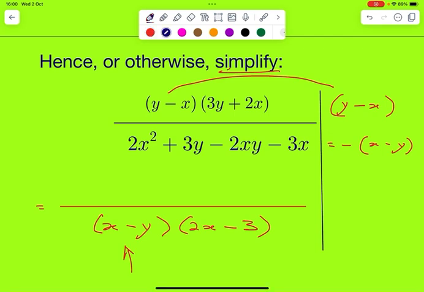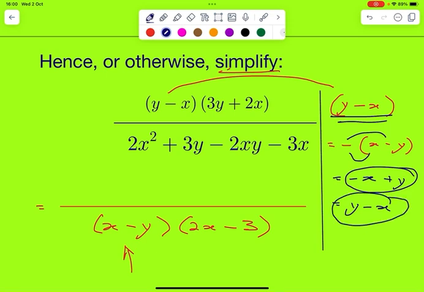Let's check whether it's the same as what we have here. When we expand this, we get a negative x, and negative and negative give you a positive y. It's exactly y minus x, just in case you cannot see this clearly. So the only thing is you need to put a negative in front, then you can swap, and they are still equal.